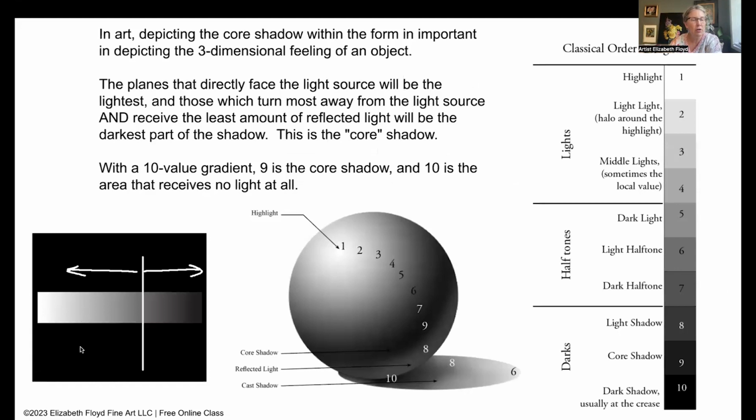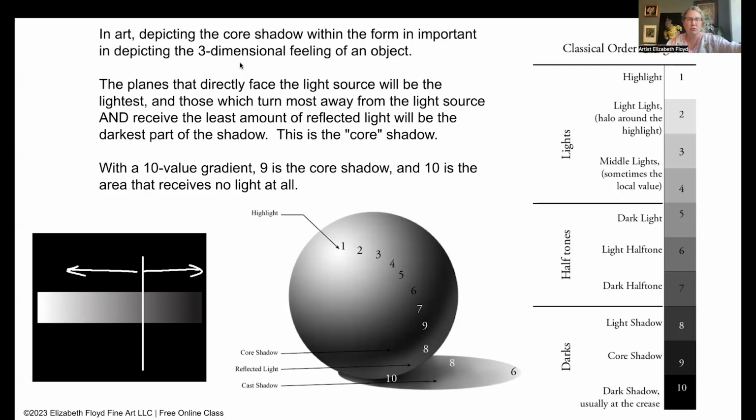Now, let's talk about how, when you use a classical order of light and you're thinking about your shapes, you have lights, halftones, and darks, and the line between your halftones and your darks.